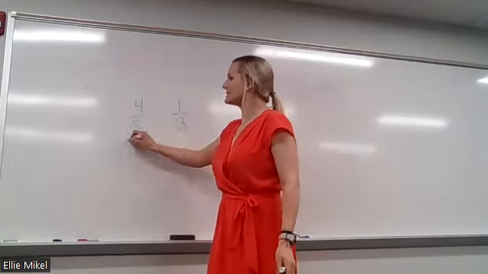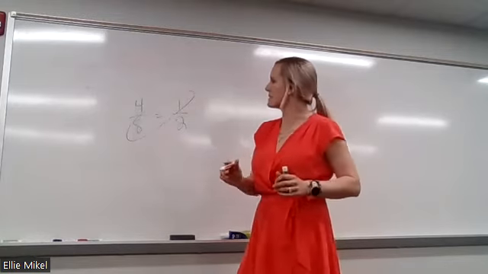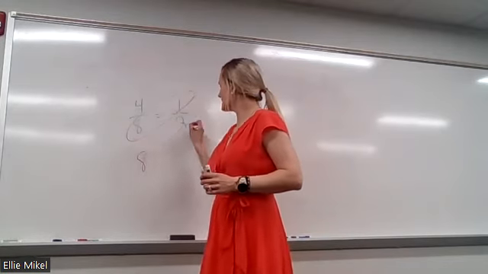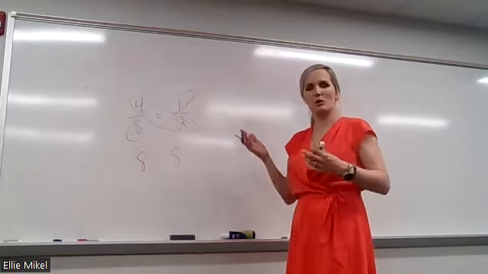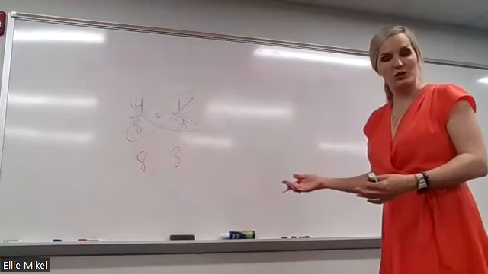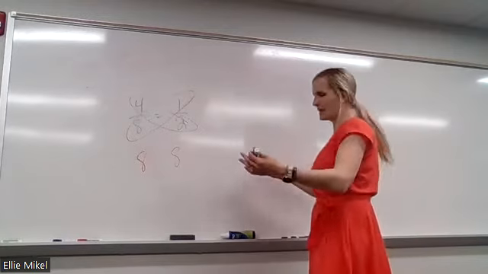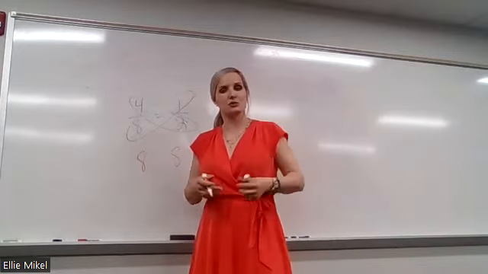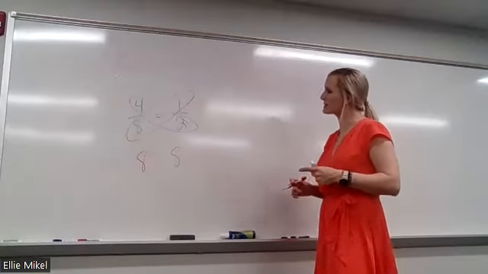It doesn't matter what side you multiply first. All we're doing is testing to see if we get the same number. 8 times 1 is 8. Over here on the other side, 4 times 2 is 8. That does make this an equivalent proportion. There are 2 equivalent fractions or 2 equivalent ratios. That in turn means this is a true proportion. And again, I'm going somewhere with this. There's a reason why we're going to do this.